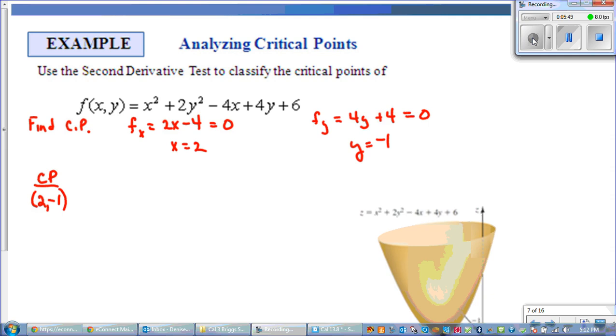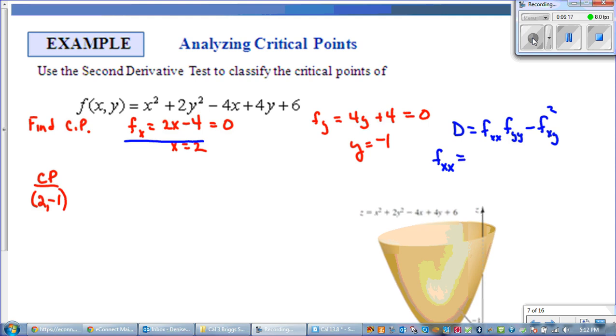Okay, now I want to find that discriminant. Remember the discriminant D is the second partial with respect to x times the second partial with respect to y, minus the partial with respect to x and then y, squared. So let's find those partial derivatives. F sub xx is just the derivative of the partial derivative with respect to x.